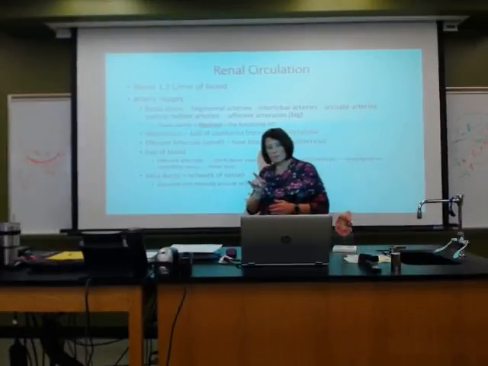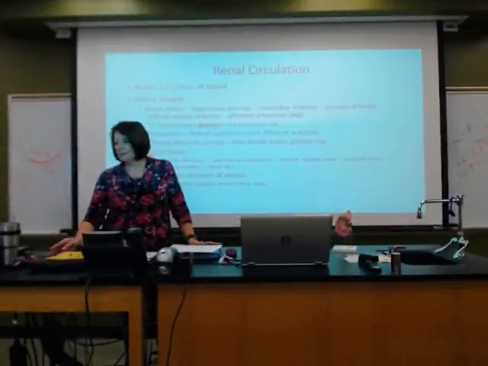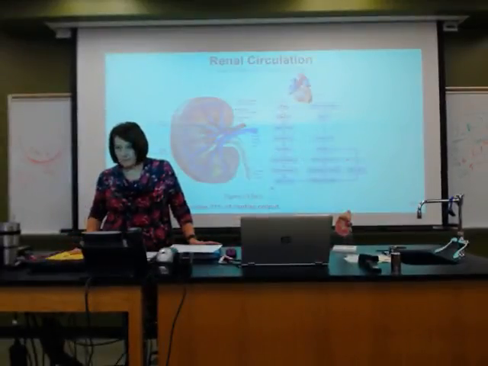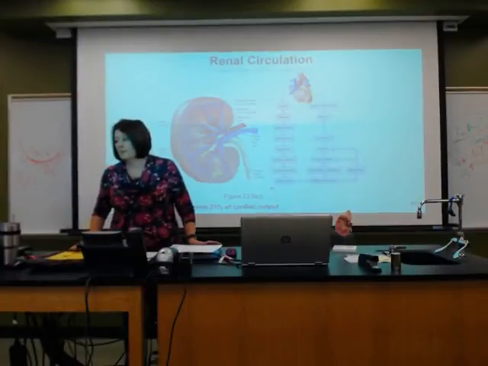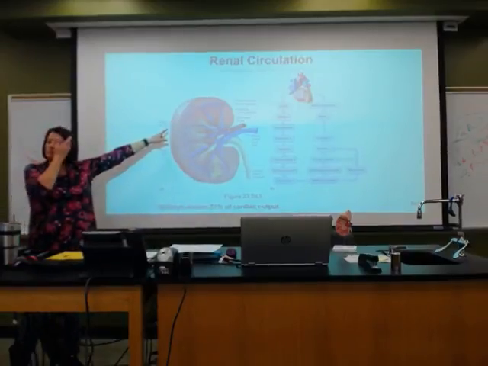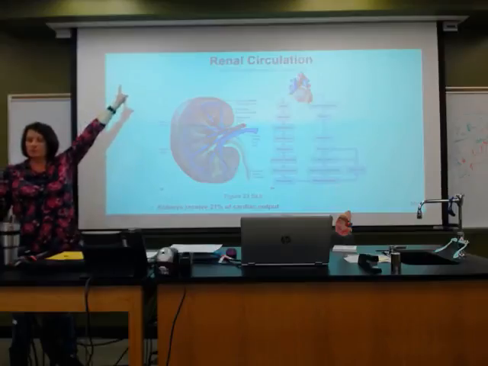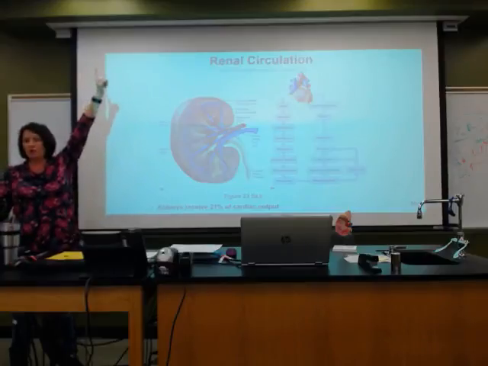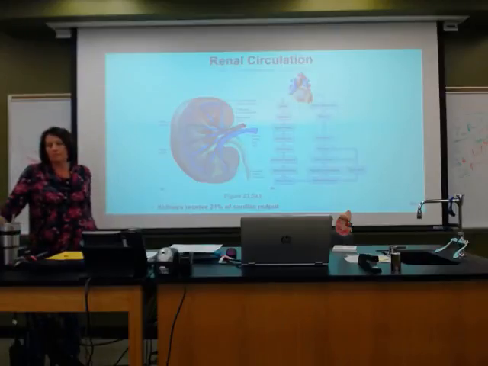Their job, help with maintaining the concentration gradient of that medulla. That is what we just talked about. Basically, blood supply to one nephron back to the heart. Think about that. See you on Tuesday.